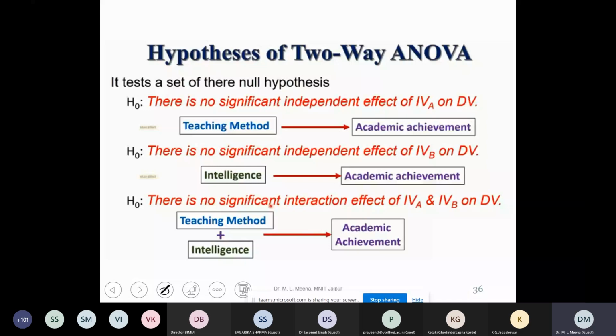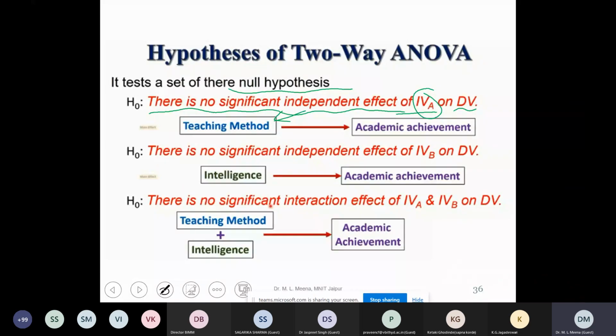The first null hypothesis: there is no significant independent effect of the independent variable, the first factor, which is the teaching method, on the dependent variable. The dependent variable is academic achievement, meaning which students perform better and which students perform poorly or weakly.